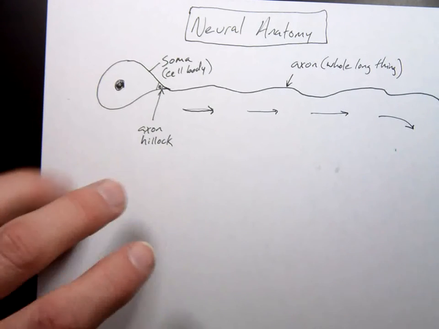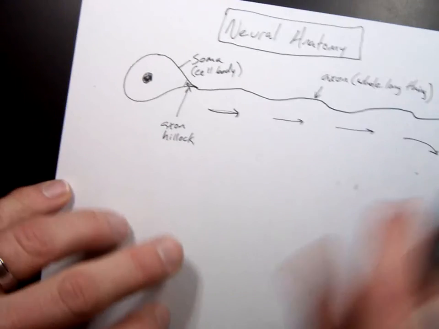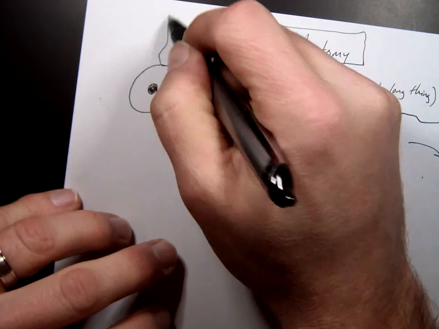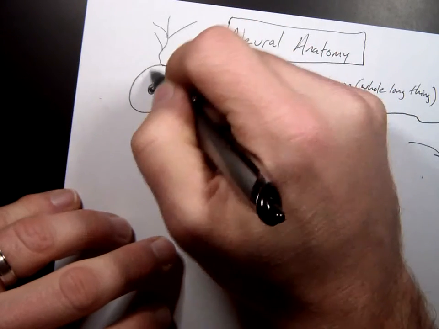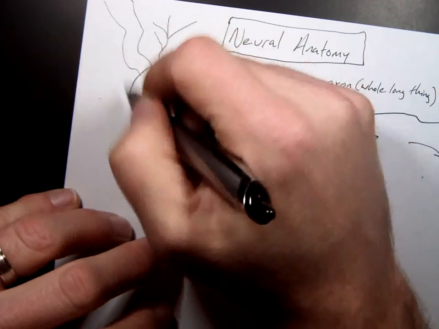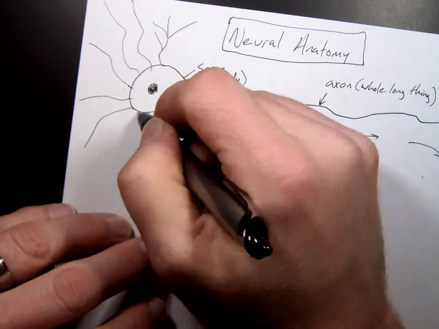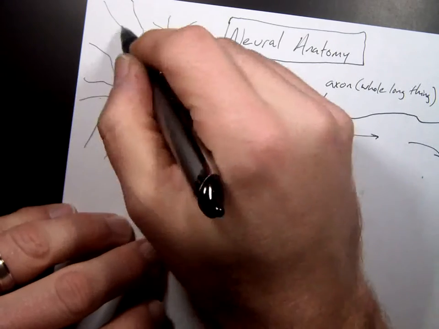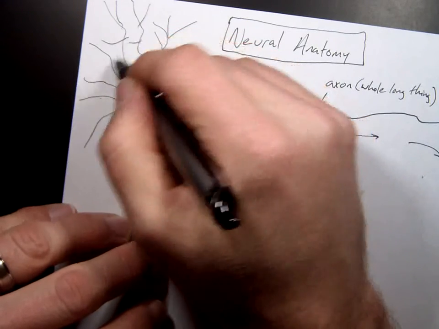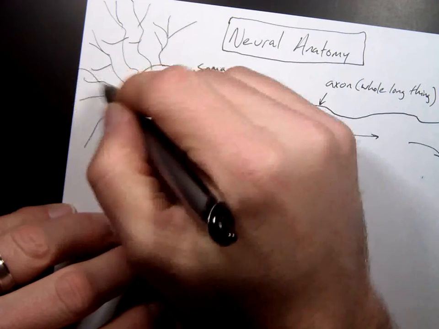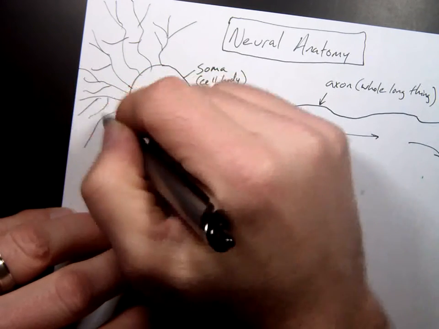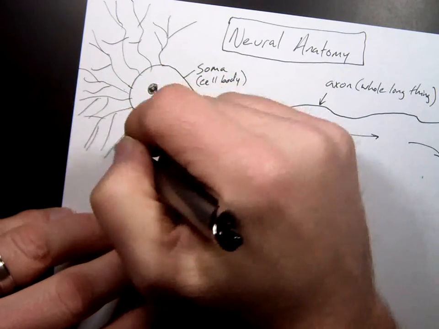Now, how do we know what to send or when to send? That has everything to do with what's going on up here. And these are going to take up most of this space in here. And there's tons of them.